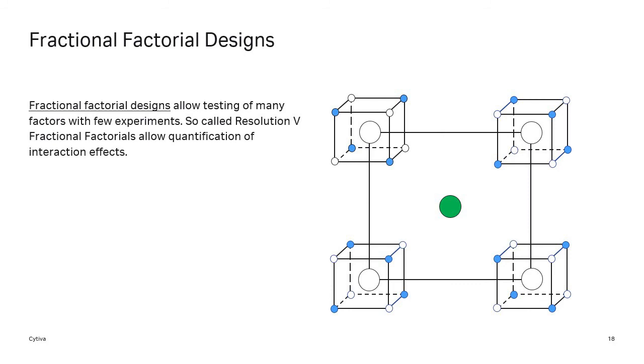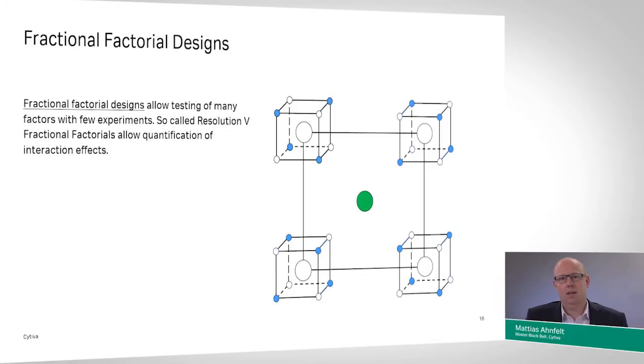And then in each of the corners of the inner square, we have x factors x3, x4, and x5. So we're looking at a 5-dimensional hypercube, which in a full factorial has 32 corner points.